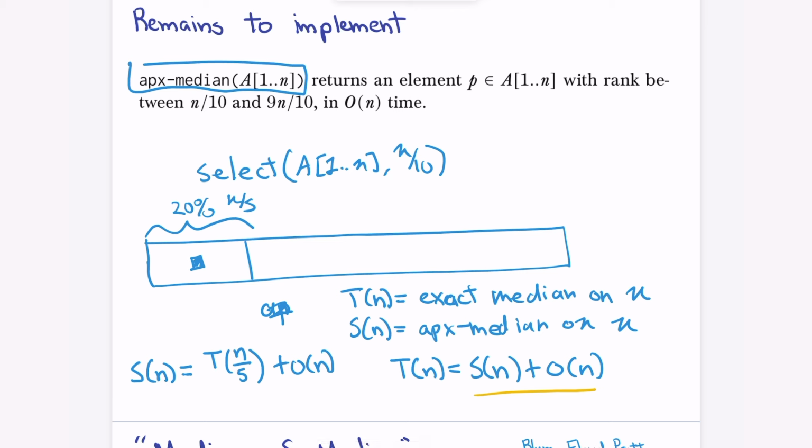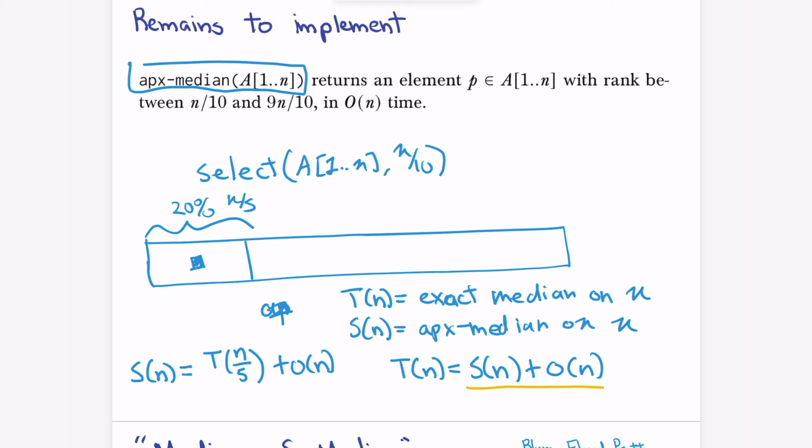Okay, so S of n represents, I'm trying to implement approximate median or exact median. Yeah, there's a bug here. So to get the exact median on n, you get an approximate median.